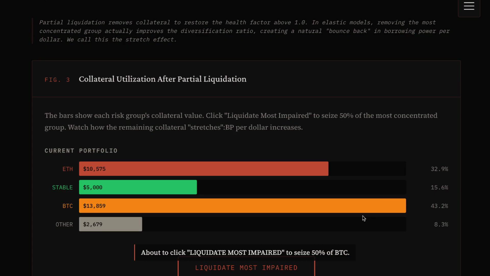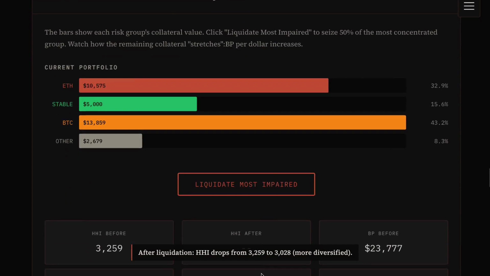Okay, now let's watch what happens when we liquidate the most impaired. The most impaired here is Bitcoin. Why? Because it has the most concentrated collateral group here. Okay, let's click liquidate most impaired.